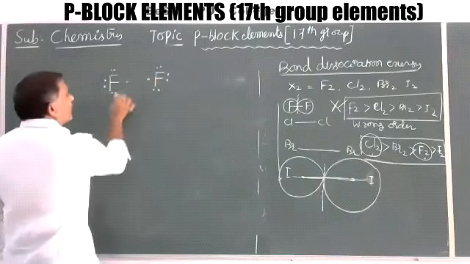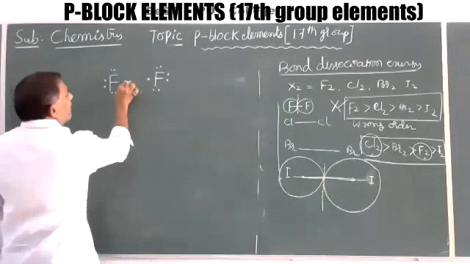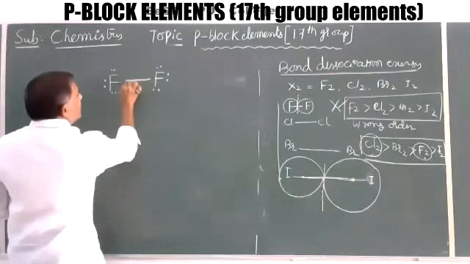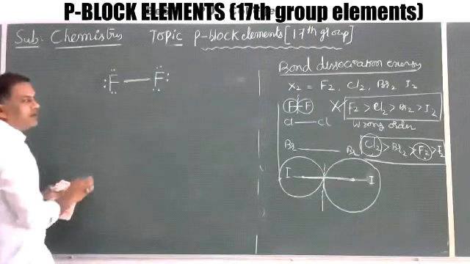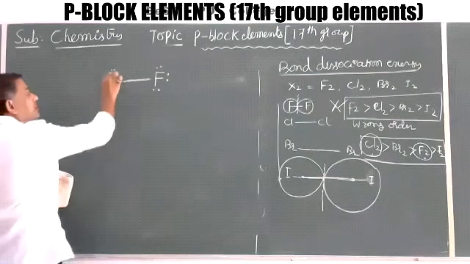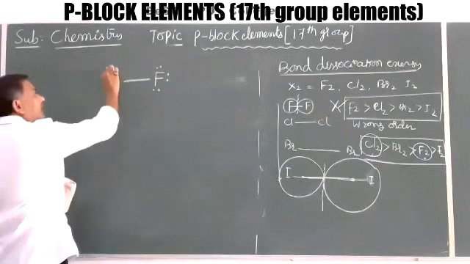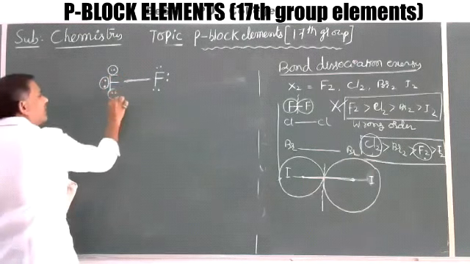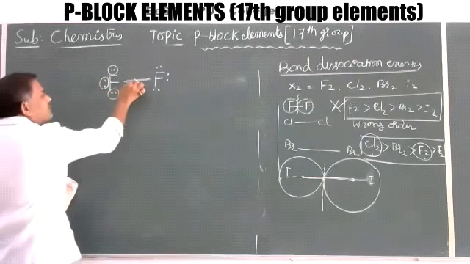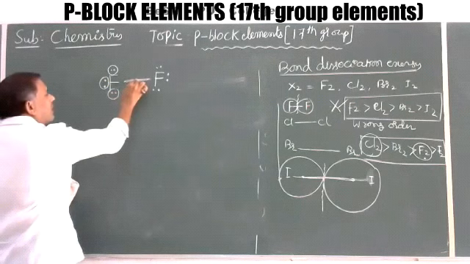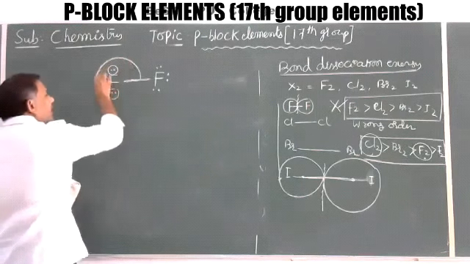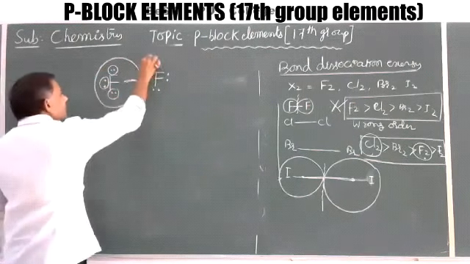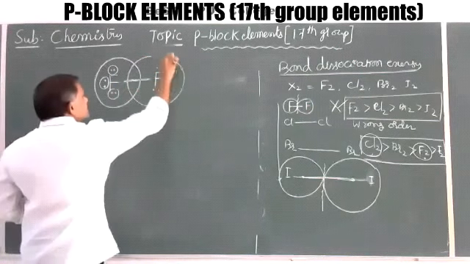Between fluorine and fluorine there exists a covalent bond, formed by mutual sharing. Here the remaining 6 electrons are there: 2 electrons here, 2 electrons here, 2 electrons here. Now these 2 electrons are equally shared by these 2 atoms, and also like this.